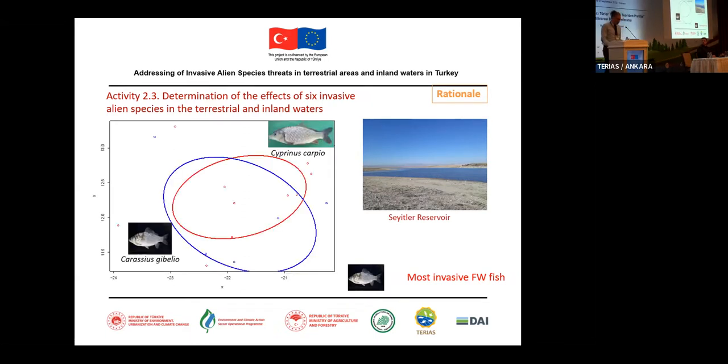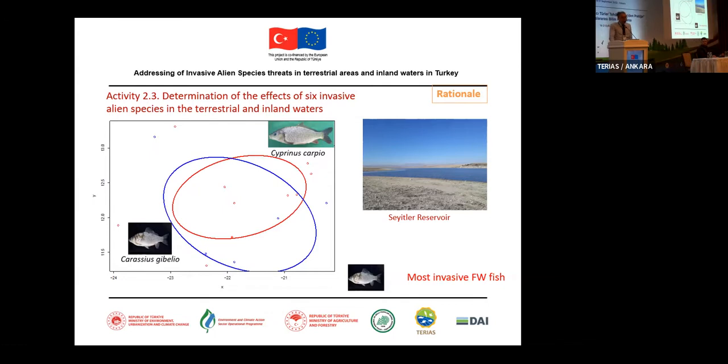Gibel carp is apparently maybe the most invasive freshwater fish species in Turkey, so this is quite relevant. But reservoirs are also relevant in terms of their commonality, and this kind of introduction of unwanted non-native species, which then became invasive in a short while.